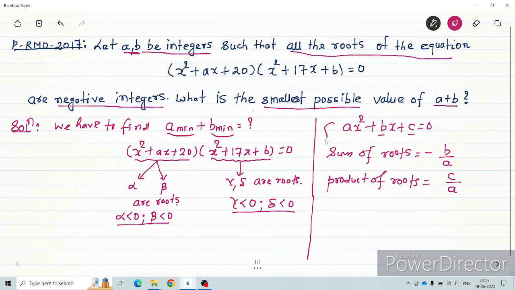So using these basic fundamentals, we can solve the given problem.